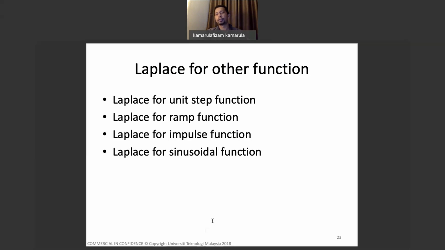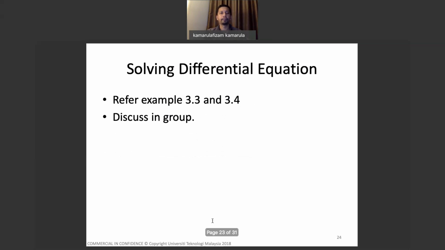So for the control system transfer function, you have to work with disturbance functions, for example unit step, ramp, impulse, and sinusoidal, because these are the test signals that you induce to your control system transfer function, so that at the end of the day you know whether your control system or your mathematical model is stable or unstable.